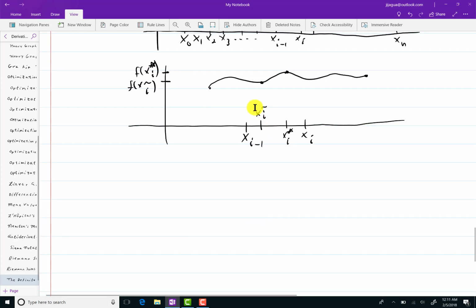If I squeeze x sub i minus 1 and x sub i so they're getting closer and closer, f of x sub i squiggle is going to be getting closer and closer to f of x sub i star.